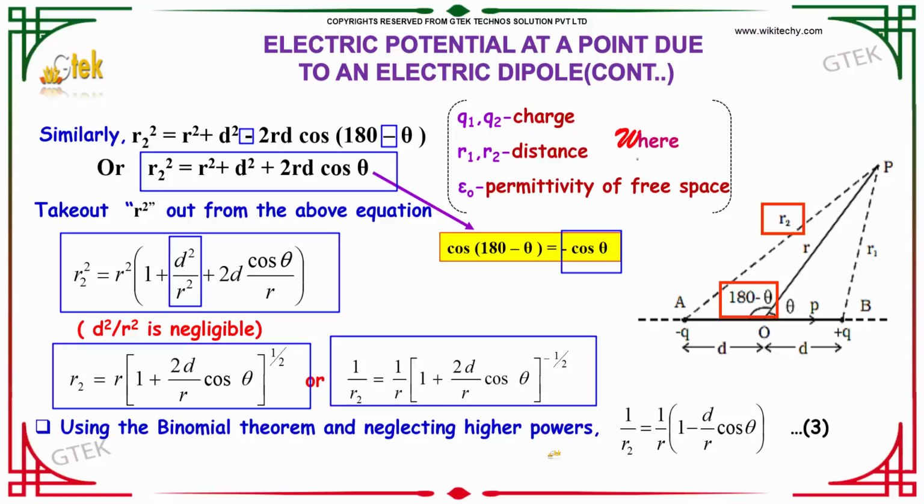Now applying the binomial theorem and neglecting the higher power, this equation will become 1 divided by r2 equal to 1 by r multiplied by 1 minus d by r cos theta.